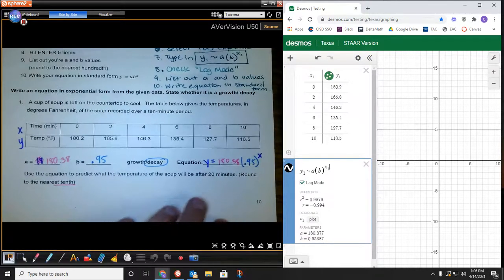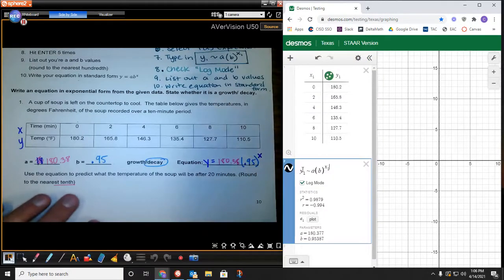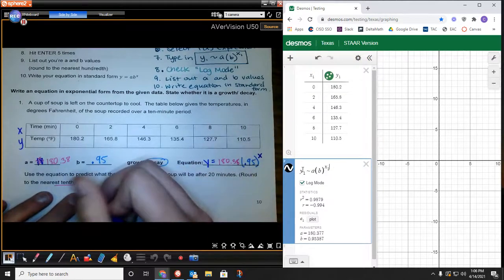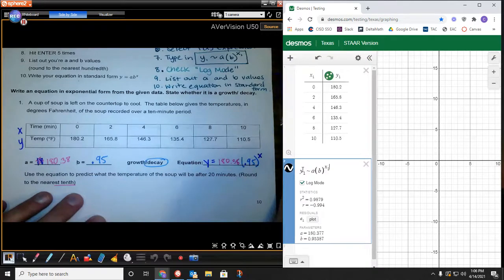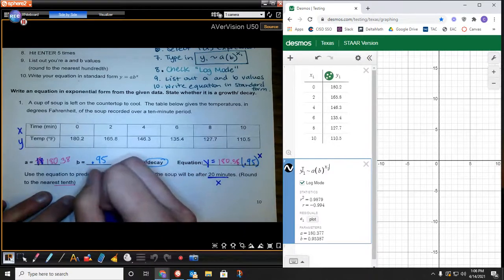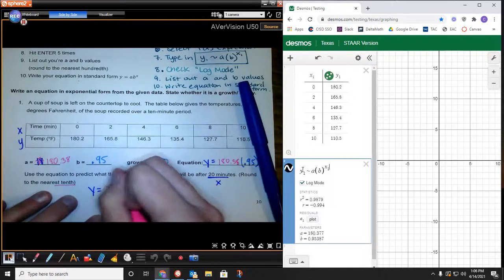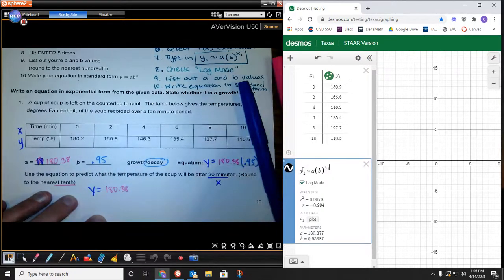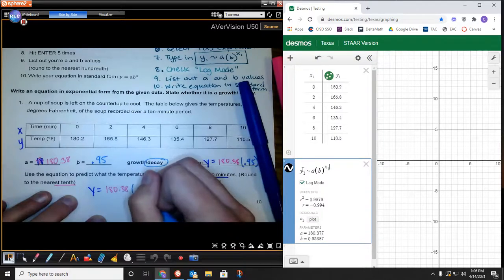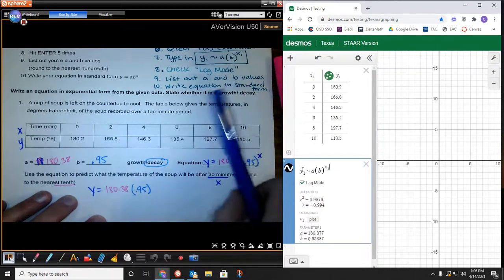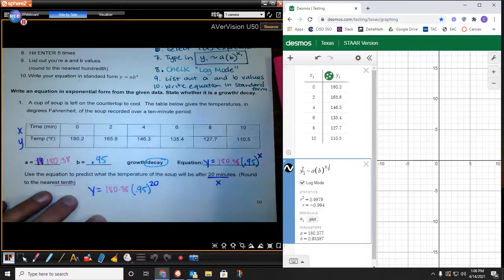Now, if we would like to actually solve this, we're going to predict the temperature to the nearest tenth after 20 minutes. So we're going to plug in a 20 for that x, okay? That's our x value. So this becomes y equals 180.38 times 0.95, and we're going to raise that to the 20th.